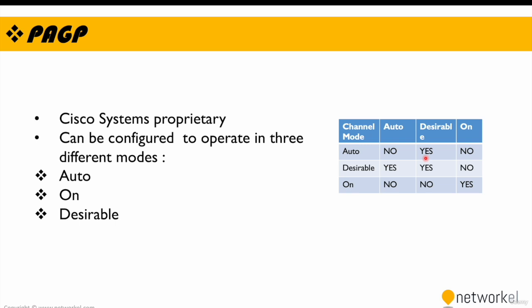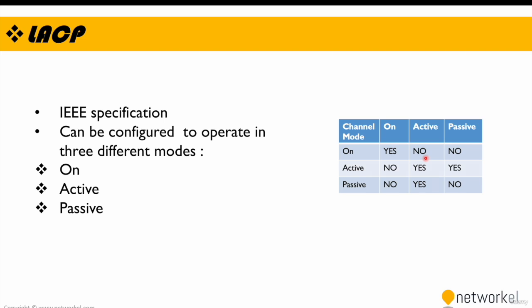On the other hand, LACP is the IEEE specification used for creating Etherchannel, and it can be configured to operate in 3 different modes. On mode activates ports as channel members without protocol.